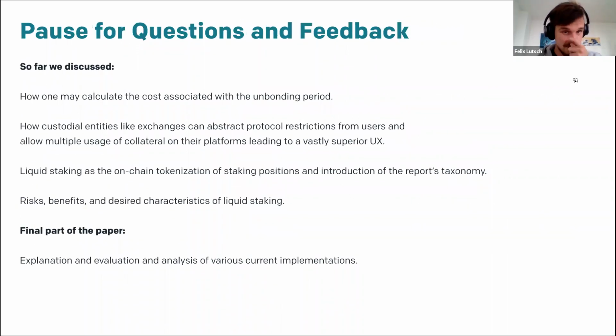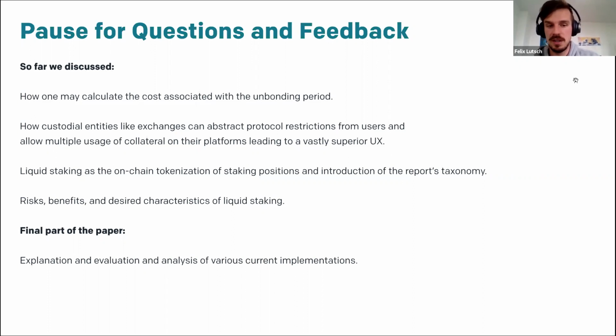Yeah, so maybe up to here, I think that's the main contribution of our report, aside from the evaluation. So I think so far what I discussed is how do you calculate the cost associated with this unbonding period, why exchanges can abstract these restrictions from their users, and also allow the use of stake tokens as collateral on their platform, leading to vastly superior UX.